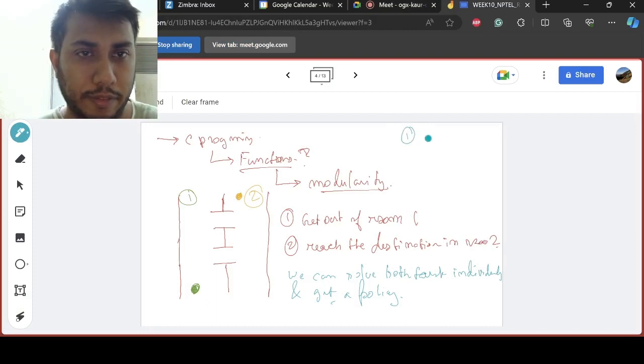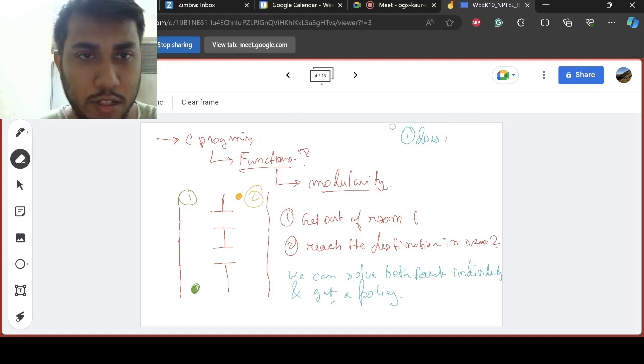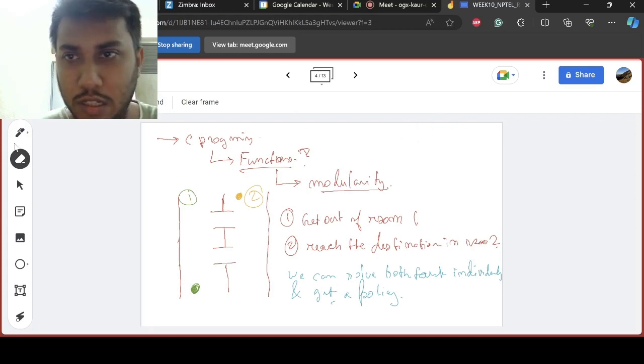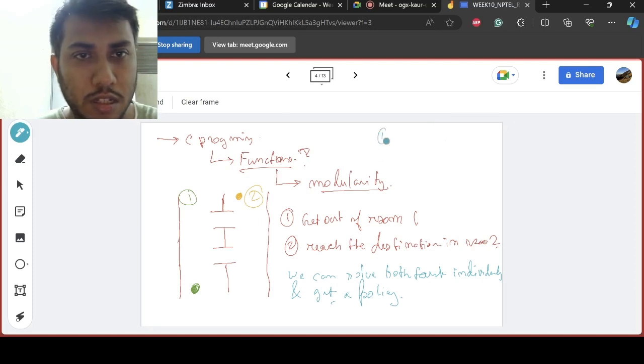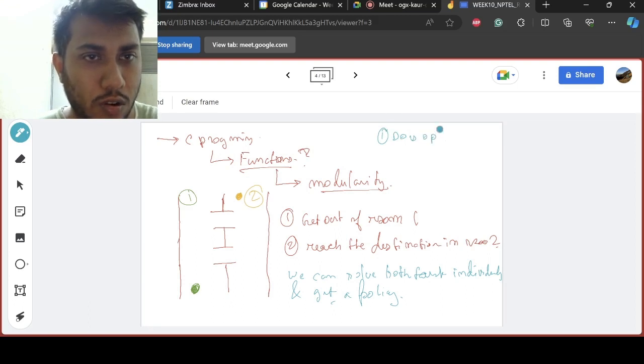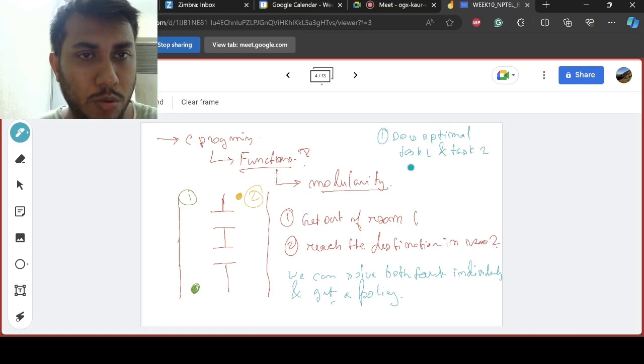Number one, does optimal task 1 and task 2 give us an overall optimal solution?